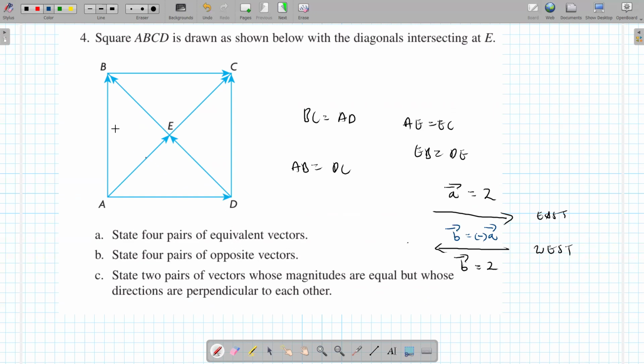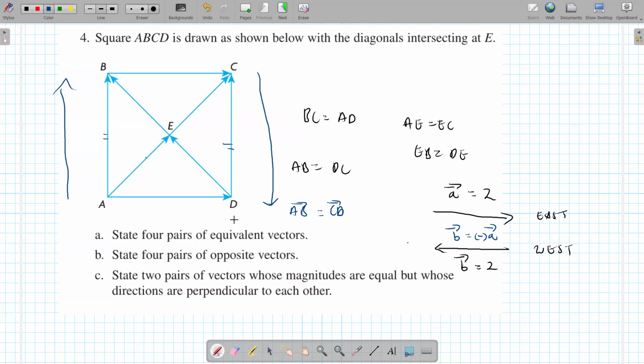It's pretty simple. You can say AB is equal in magnitude to CD, because it looks like a square, rectangle, whatever it is. The side lengths are the same. AB is going north, CD is going south. So that's why they are opposite.